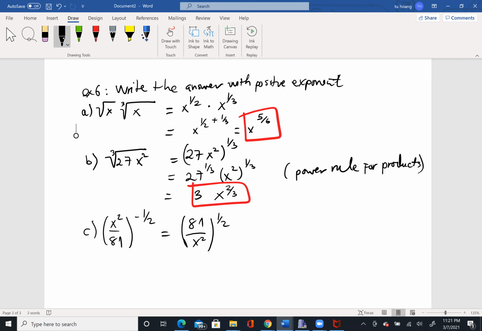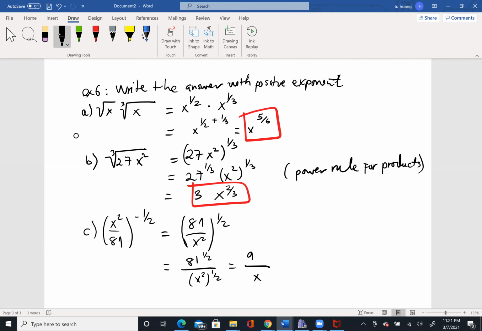Secondly, if I apply the power rule for quotient, then I have 81 to the power 1/2 over x squared, everything to the power 1/2. And that will give you 81 to the power 1/2 will be equal to 9 divided by x squared to the power 1/2 will be x only.